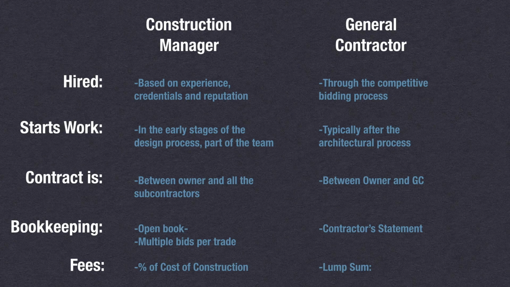With the GC, it's typically done as a lump sum. So sometimes subtle changes in scopes of work may not always result in seeing the change in the payout requests to the homeowner. Sometimes it does, but just to give a summary of some of the nuances between the different relationships between working with these two entities to build your project, this gives you a little bit of a heads up.